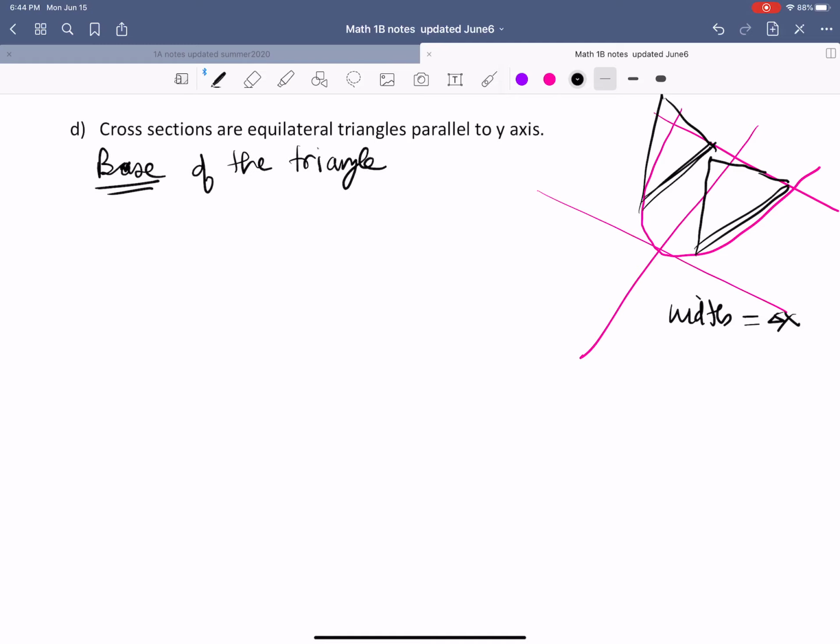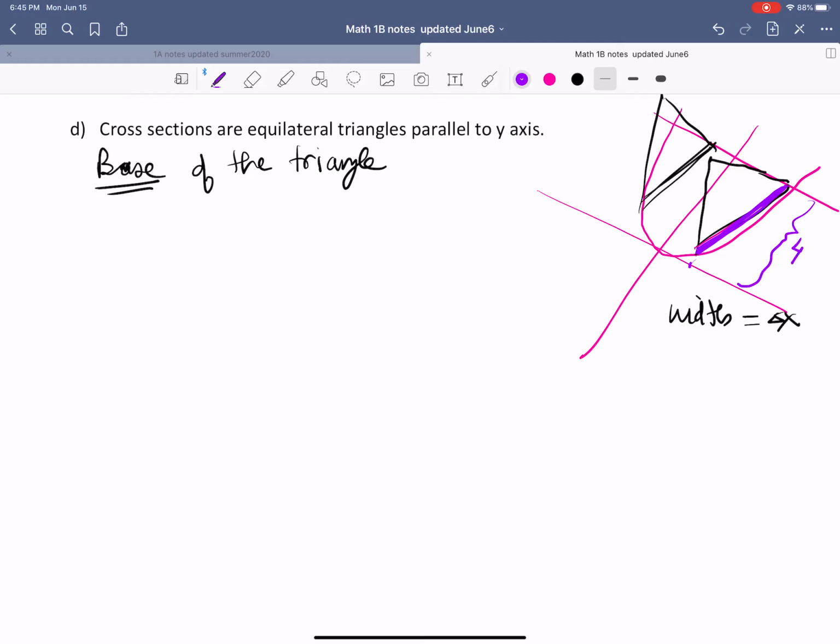Base of the triangle is actually going to be, if you think about this side, let's make it purple, a different color. How much is this side going to be? Well, from 0 all the way to here, it's 4, and then it's subtracting the y value from it. So from here to here, maybe it's easier if I draw.